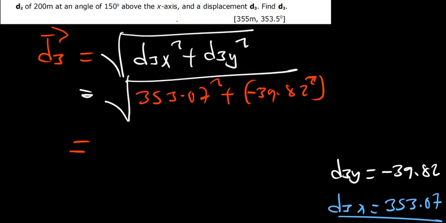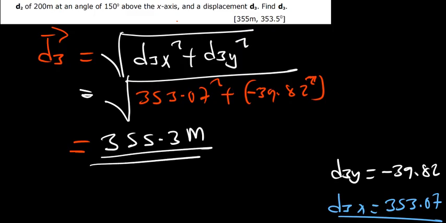So I have 353.07, I square it, plus 39.82, I square it. The answer I find, then I get the square root. I'm getting 355.3 meters. That is my magnitude of D3. You can even clearly see that on top here, the answer is 355. Okay? Any question on how to find the magnitude?